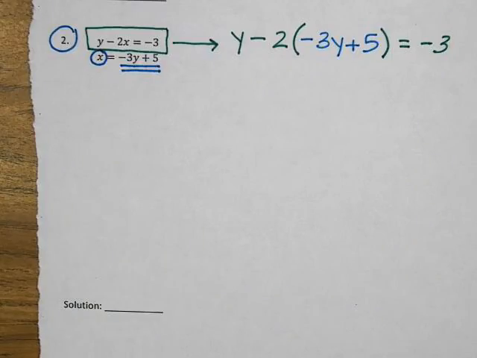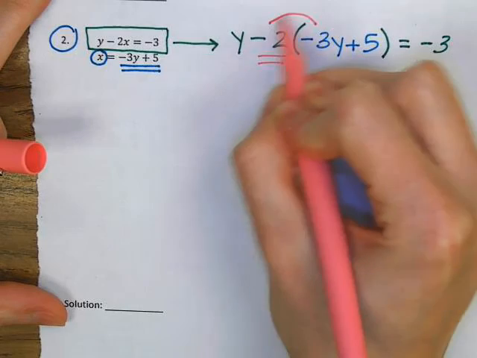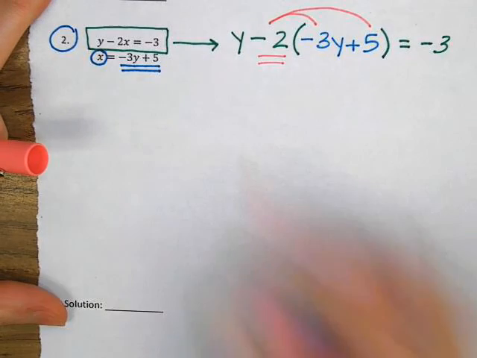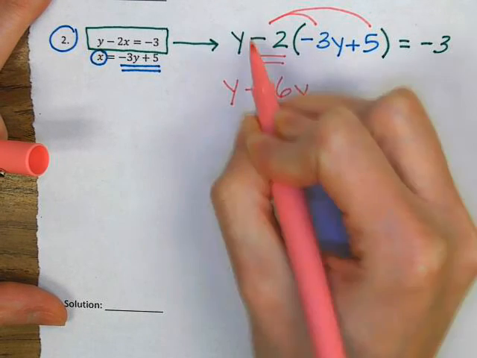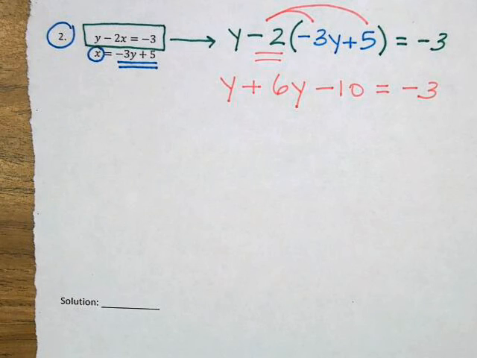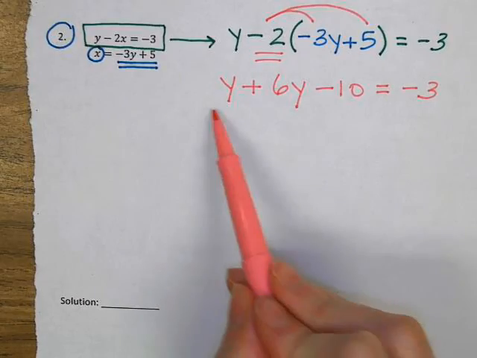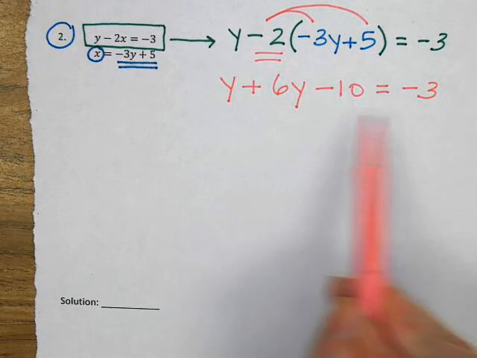Okay, so now the easy part is we just have to solve. So in this one, we have to distribute a negative 2. Okay, we end up with y plus 6y minus 10 equals negative 3. Don't forget to distribute the negative 2. And then if you guys notice, the variables are all y's. So this time we're going to solve for y first.